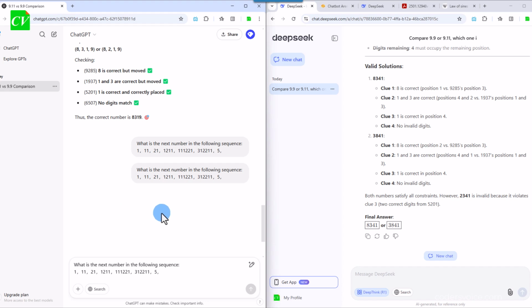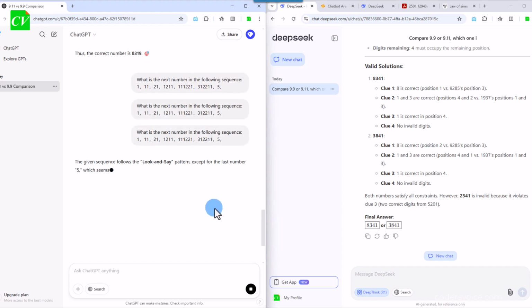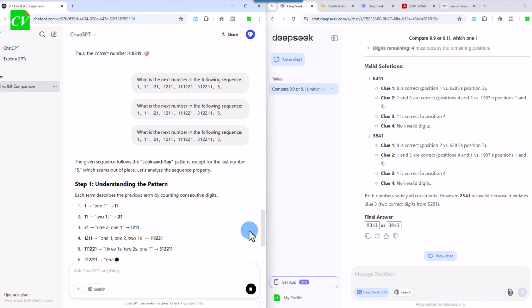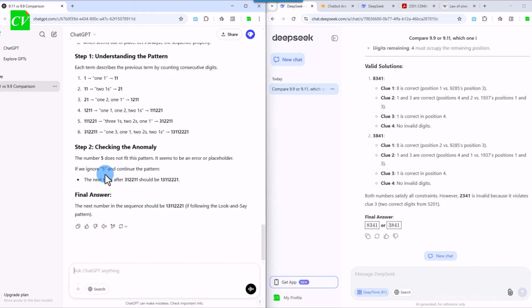Now it seems ChatGPT doesn't respond yet. Okay. If we ignore 5 and continue the pattern, the next term is, so the final answer is the next number in the sequence should be this number if following the look-and-say pattern.